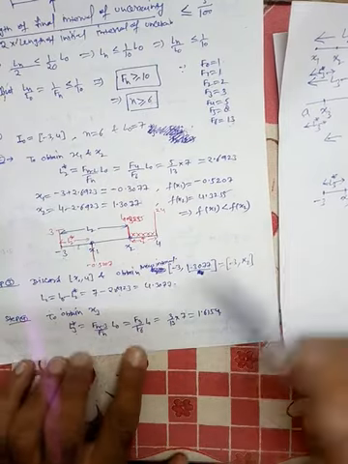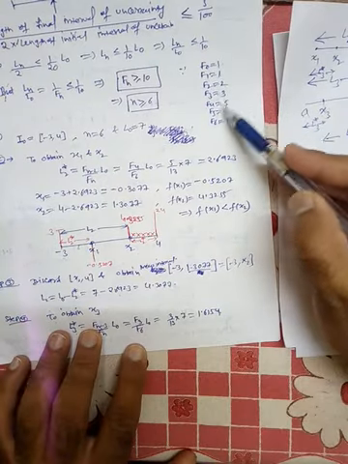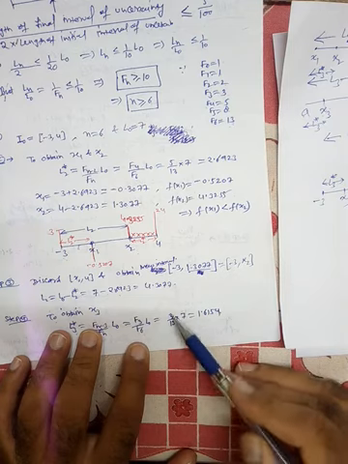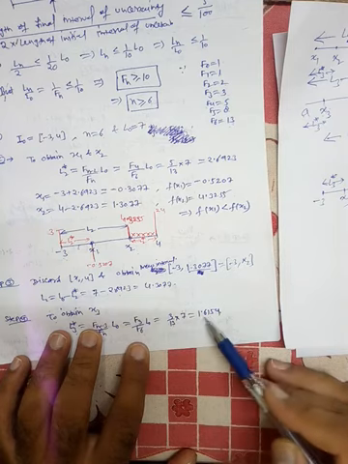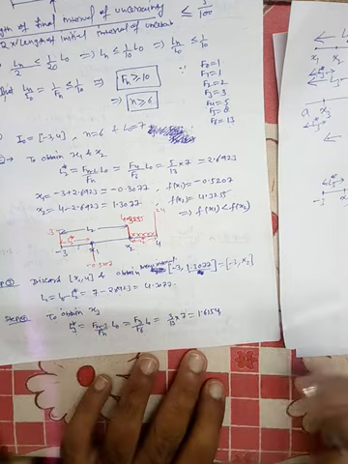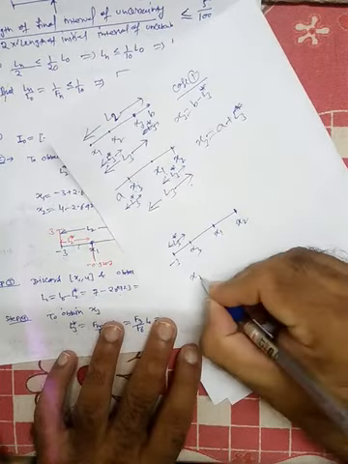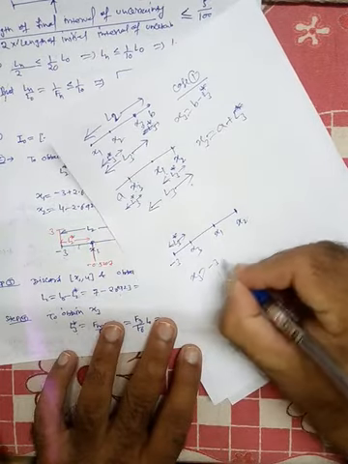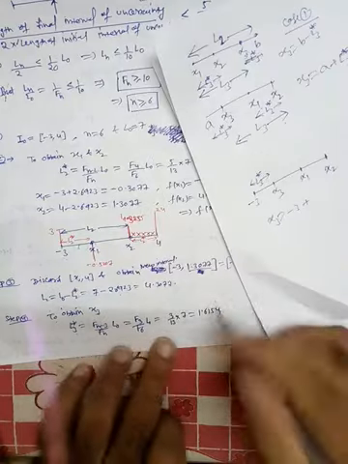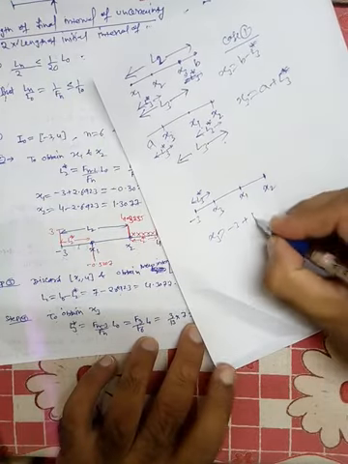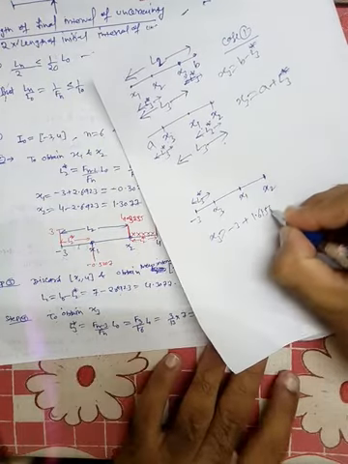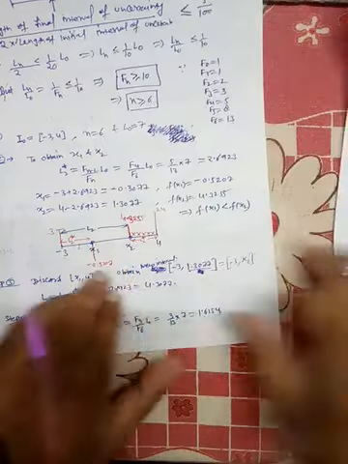What is F3? F3 is 3, and F6 is 13. So 3 by 13 into 7 is 1.6154. Okay, so now what is x3? x3 will be minus 3 plus this distance 1.6154.